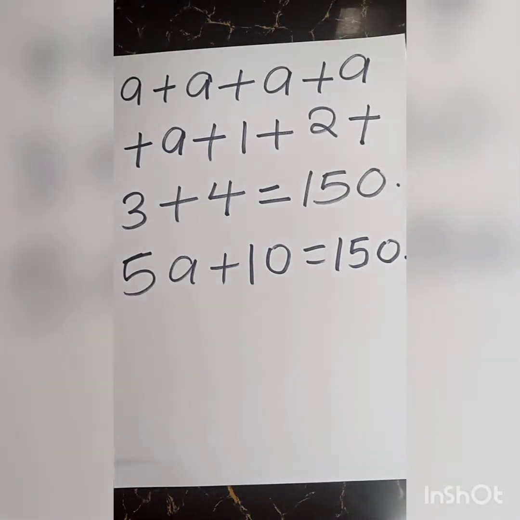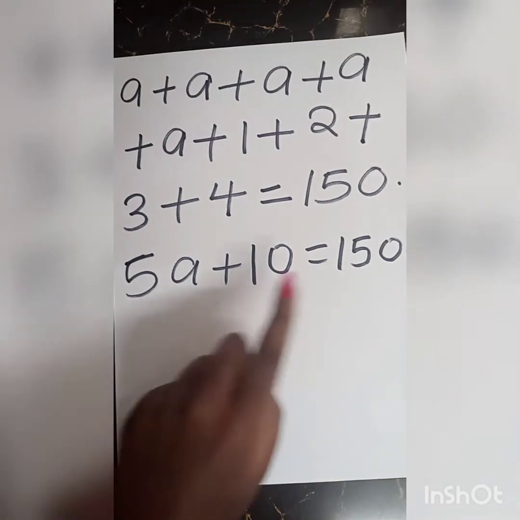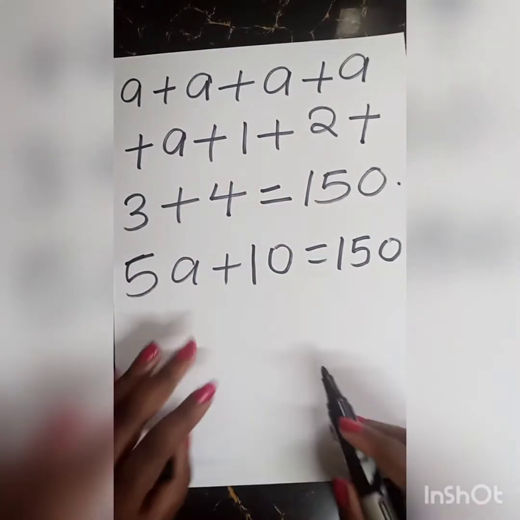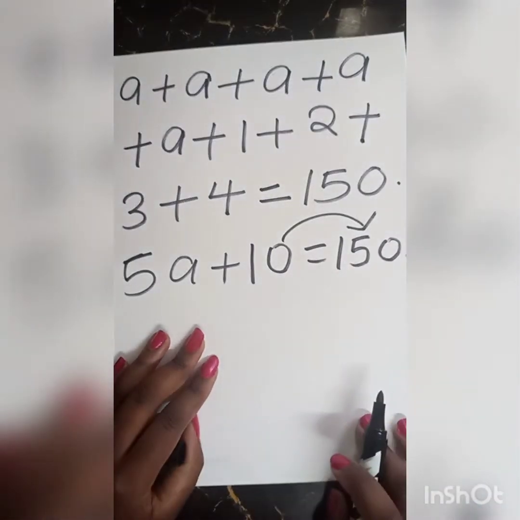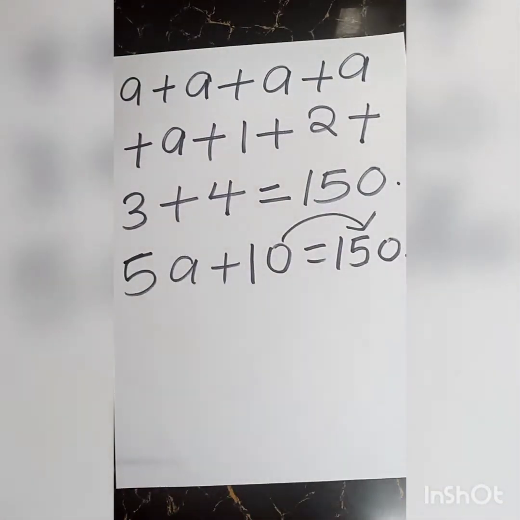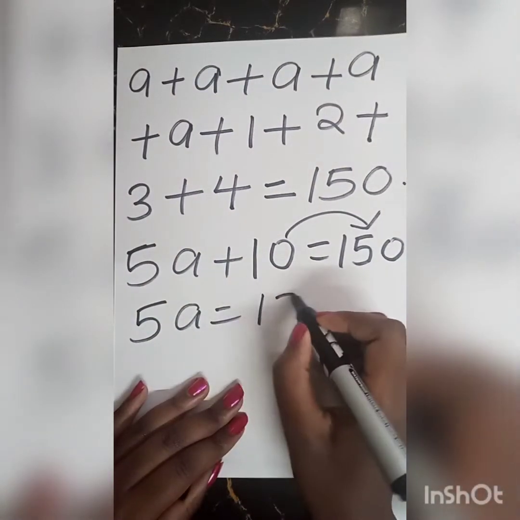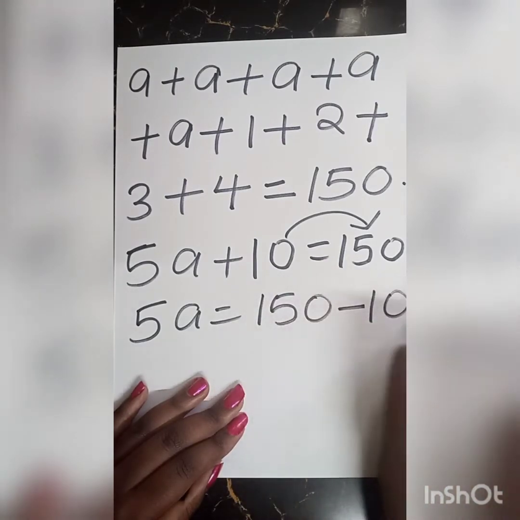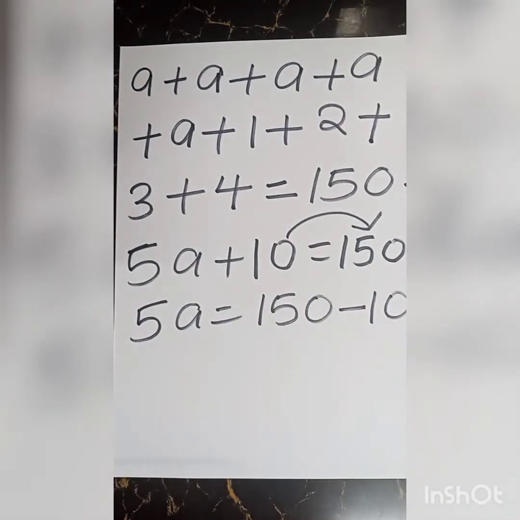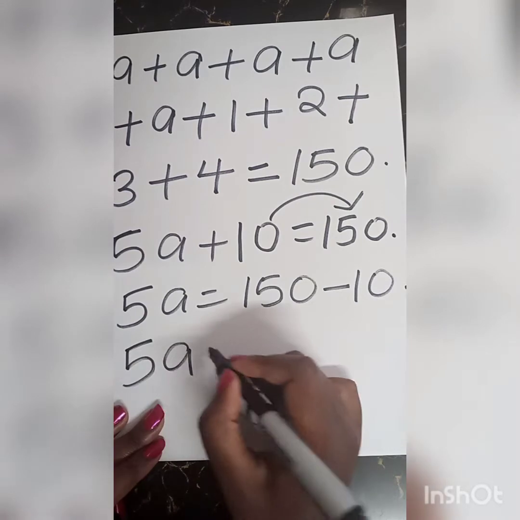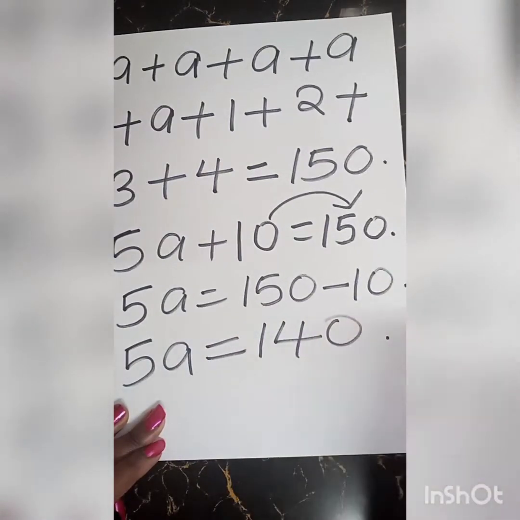Okay? Now we can find the value of A by taking the positive 10 to the other side. If we take positive 10 to the other side, we'll have negative 10, okay? So we'll have something like 5A is equals to 150 minus 10. 150 minus 10 is 140. So 5A is equals to 140, okay?